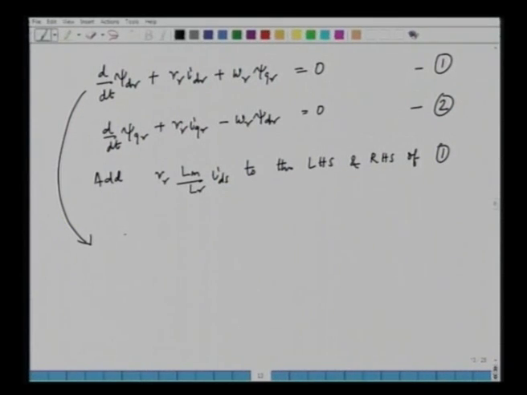So, we have d by dt of psi dr plus RR IDR plus RR Lm by Lr into IDS plus omega r psi qr equal to 0. And we can further simplify this.